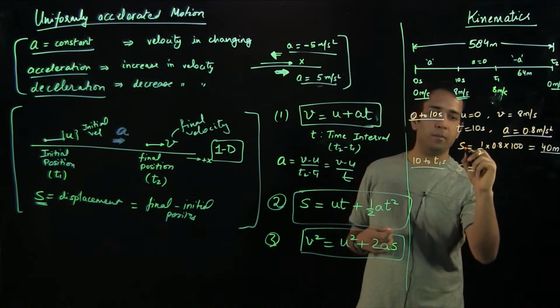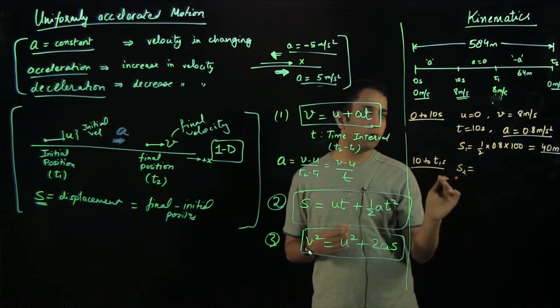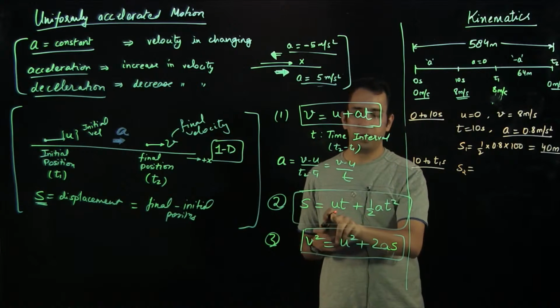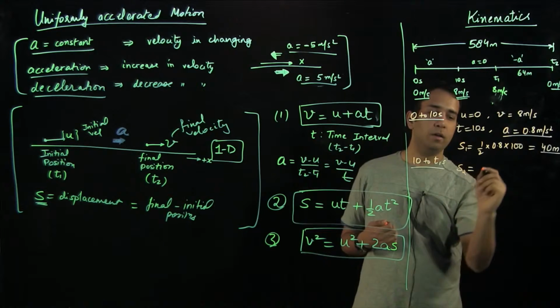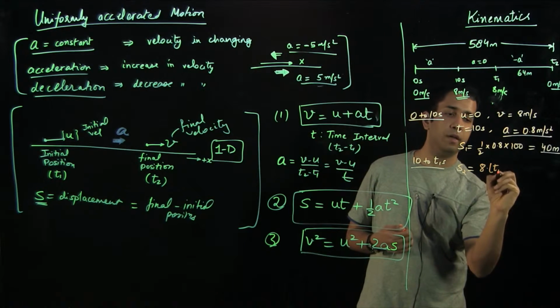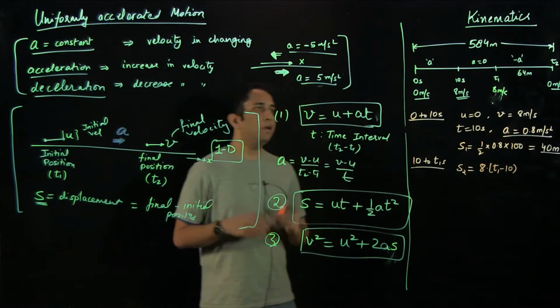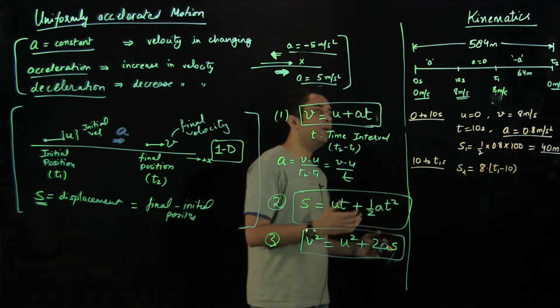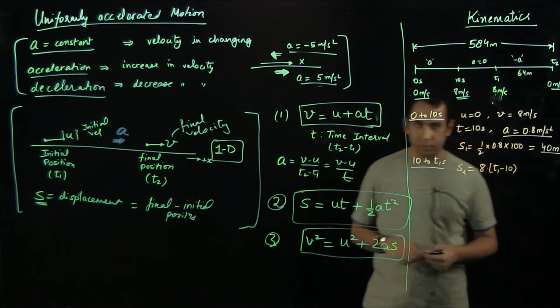So let's say I'm calling it S2, where 2 represents the second time interval, then u, which is 8 meter per second for this time interval, will be 8 into (t1 minus 10). Note that 10 seconds, t1 and t2 are not related to each other but related to the 0 seconds.